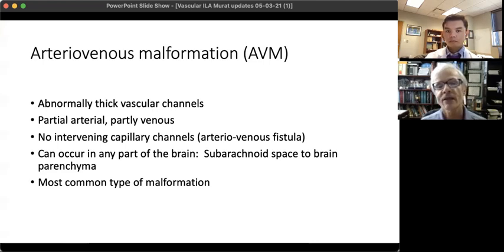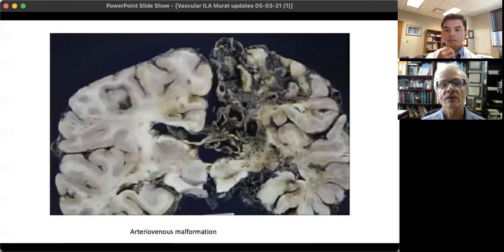Maybe we can see the next picture. This is a very exaggerated, huge AVM, but you can see the cross section with a lot of vascular channels. A lot of times these have some sort of connection to the surface of the brain as well.